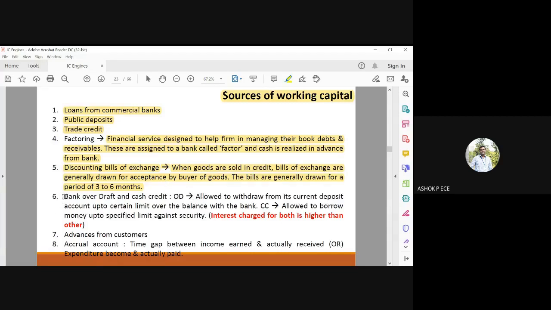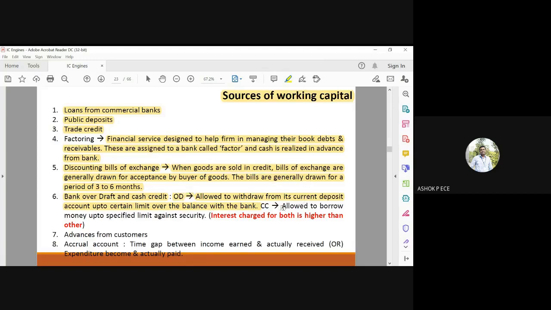Bank overdraft and cash credit. OD is allowed to withdraw. If you have a current account in a bank, an overdraft facility is there. Overdraft will be given to customers, so they will be allowed to withdraw money from the current deposit up to a particular limit, and that amount has to be repaid immediately or in a short period of time, so that it is considered as credit only.